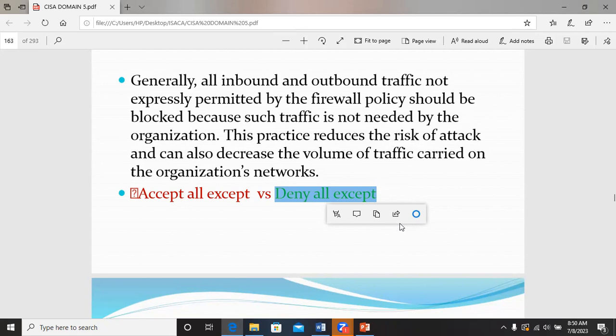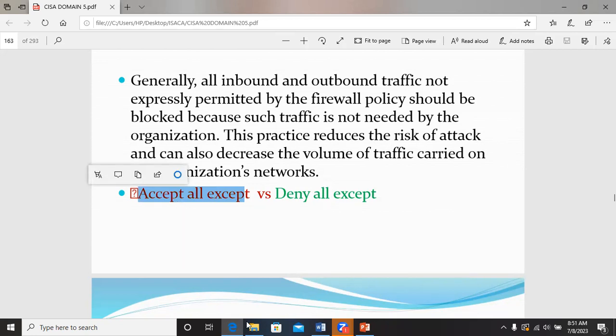If there's a need to add to that, it is called white listing. To that white list, the list of the angelic traffic, we can add later. So this is deemed to be the best: deny all except, instead of accept all except.